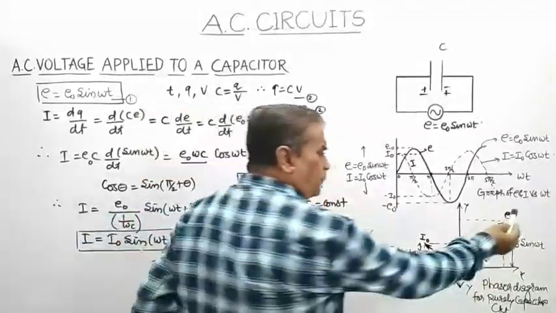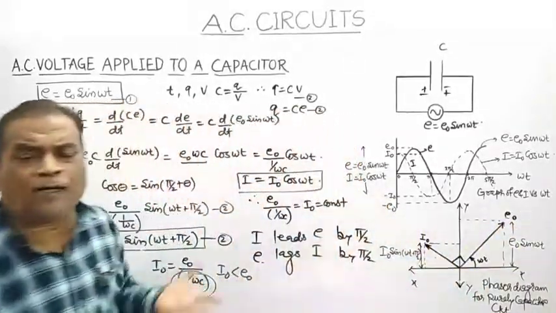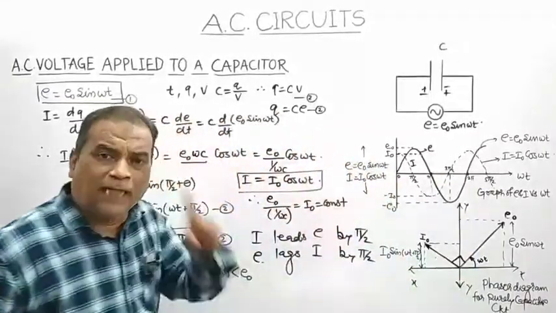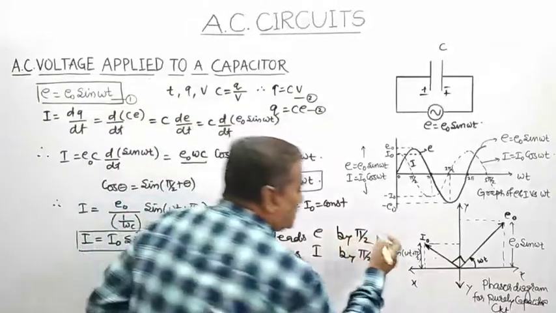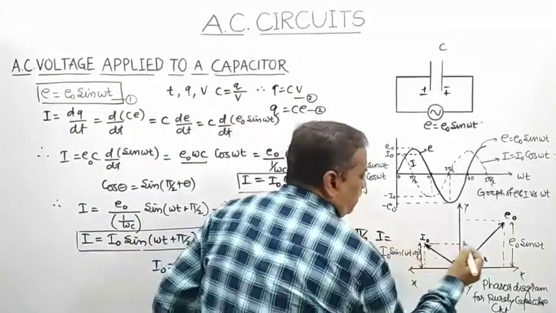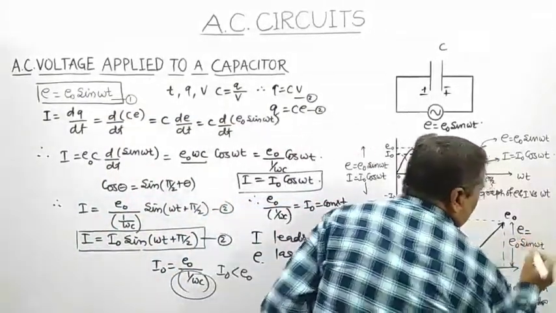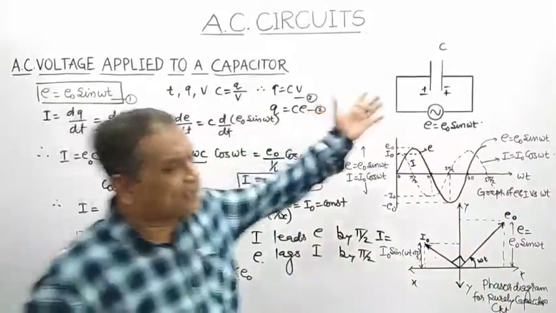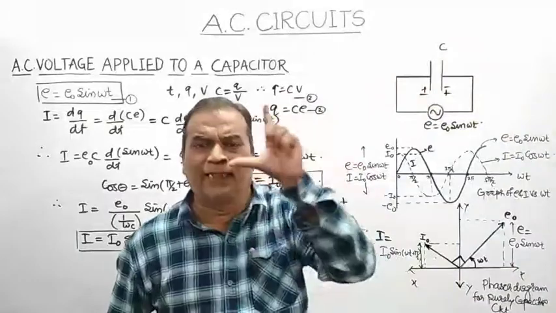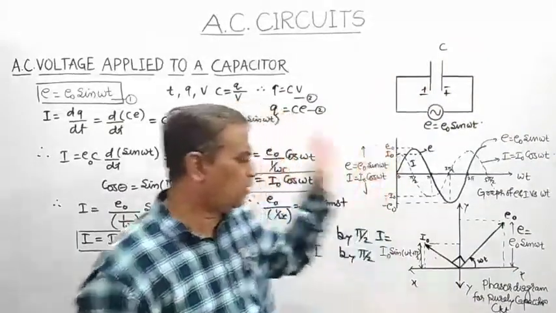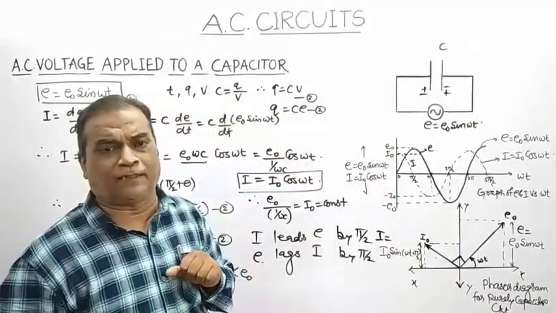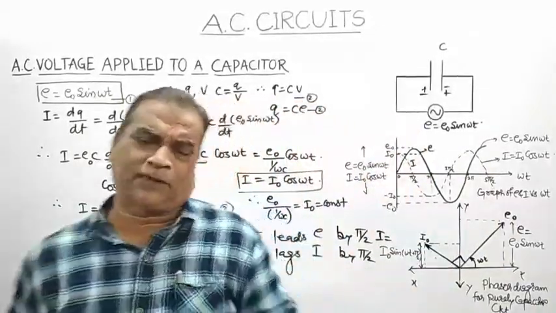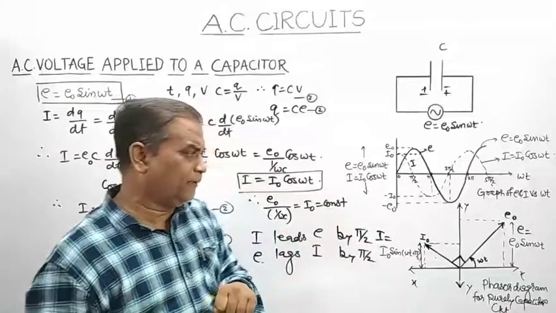The projection of phasor E0 or I0 on the y-axis will always give us the instantaneous value of alternating current and the instantaneous value of alternating EMF that is flowing through a purely capacitive circuit.